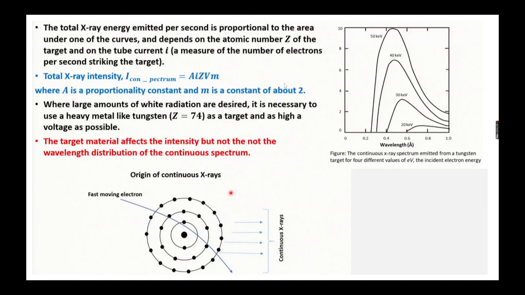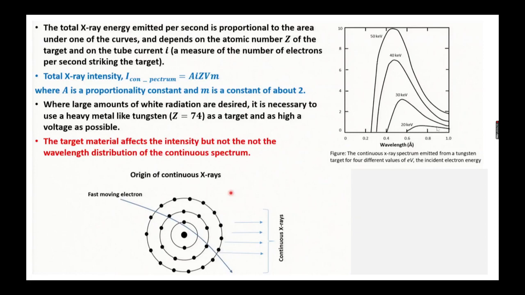It seems there is no doubt, but once again: suppose we use a target material of a higher atomic number, say one target is molybdenum and another is tungsten. Tungsten has a higher atomic number, which is 74, and molybdenum is less, so the intensity you get with tungsten will be higher.